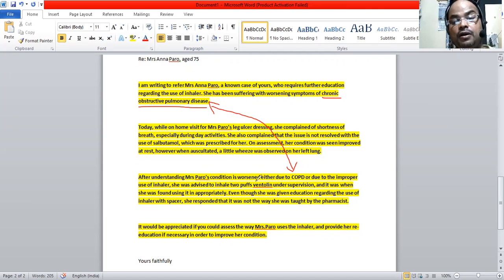Now it can be either due to COPD, or it can be due to the improper use of the inhaler. So I understood that this may be because of this or the other. Now she was advised to inhale 2 puffs of Ventolin under supervision. And it was then that she was found using it inappropriately. So it is one word there.